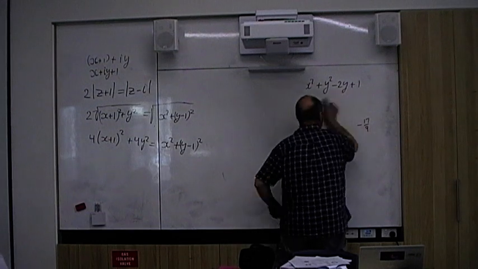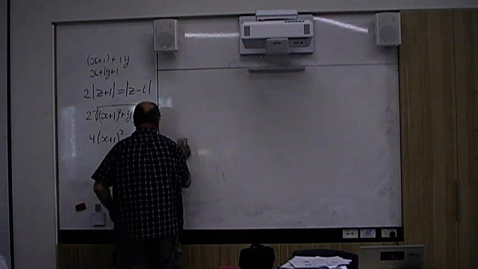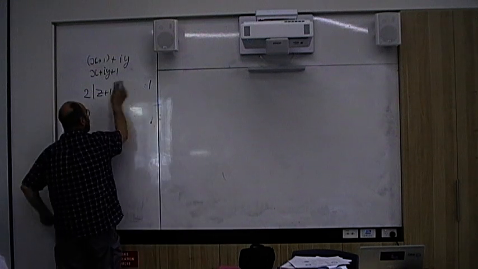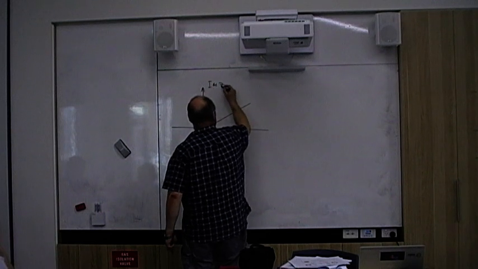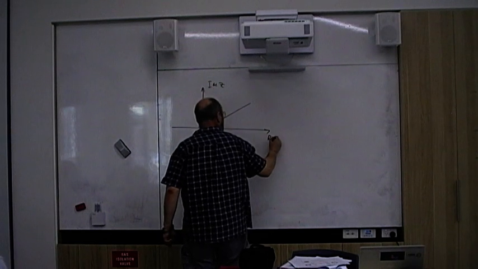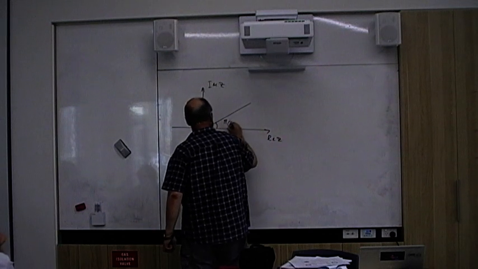What will be common for the next line? If we have a Cartesian plane or complex Argand diagram, this is real Z, and this angle, let's say pi on 6.